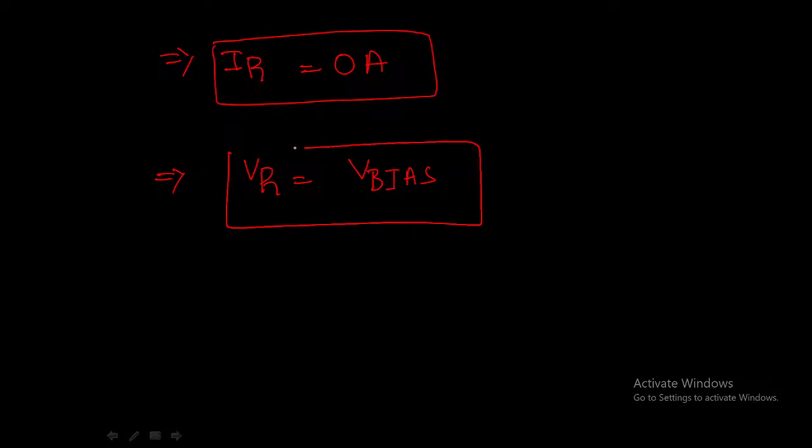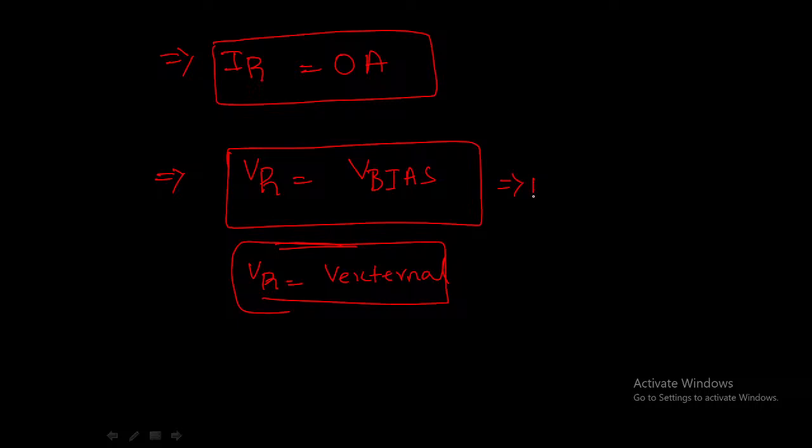So the reverse voltage will be equal to simply V bias, or V external. So these are the cases of the reverse bias diode.